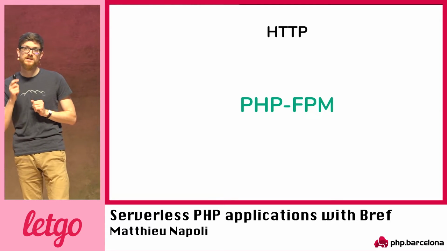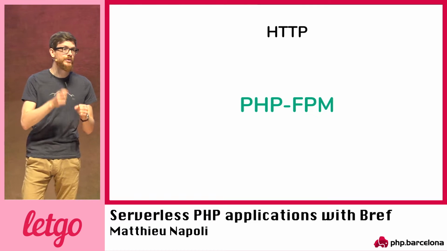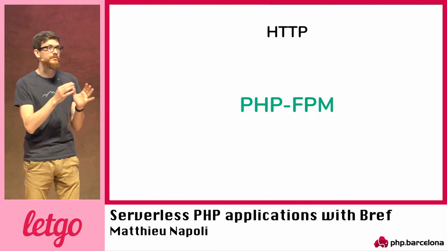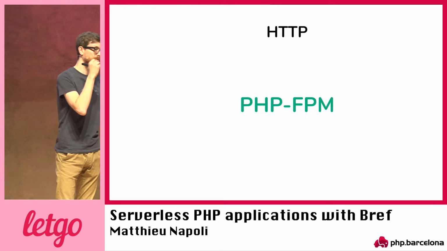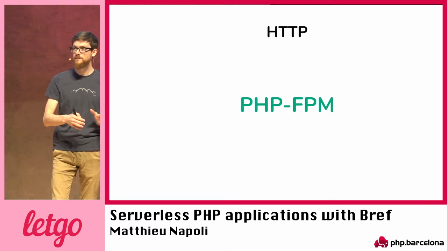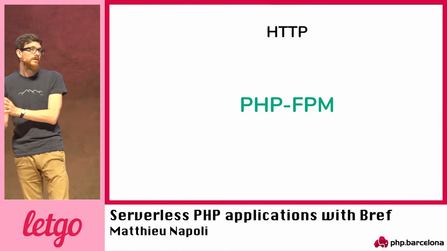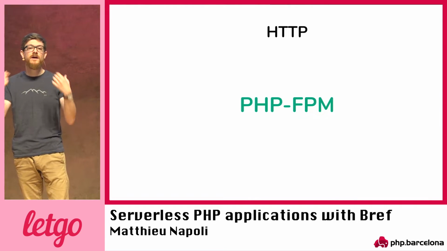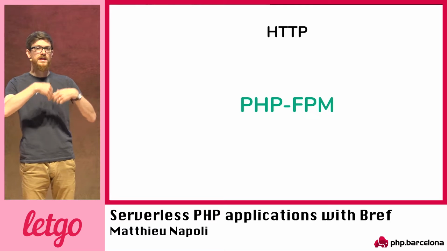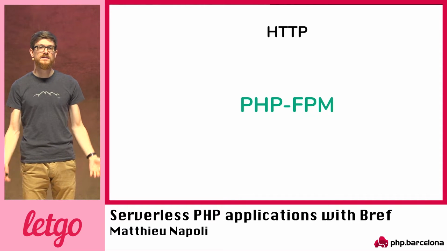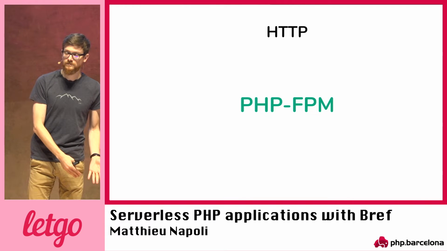And this is what this runtime is about. And this is actually huge. This is what makes PHP completely different from the other languages on Lambda. We can take our applications, we can take our favorite frameworks like Laravel, like Symfony, and make them run on Lambda because it's the same environment. With PHP FPM, we have the same variables, we have the same SAPI, the same thing as on any server.